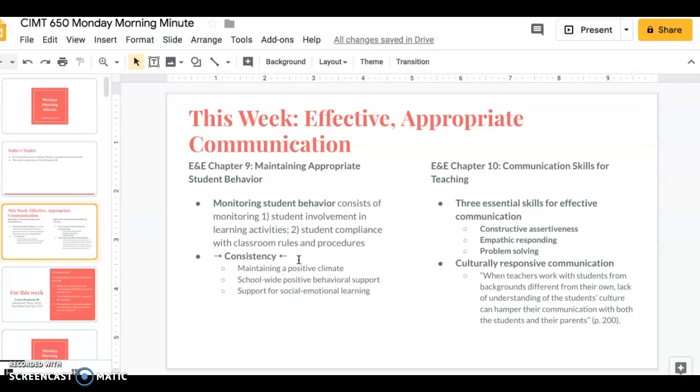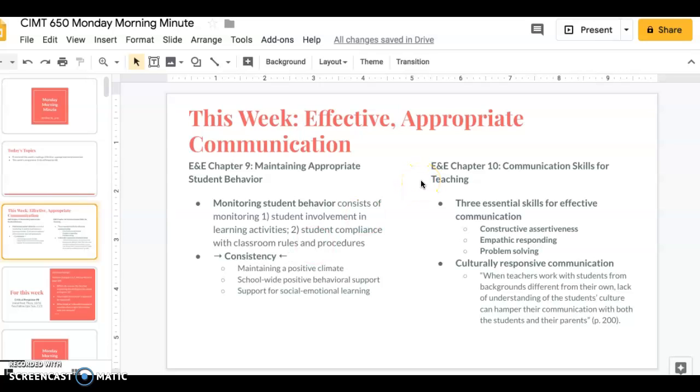Are they used unilaterally and equitably across a school site? Finally, we can think about consistency as we zoom even further out and think about support for social emotional learning K through 12, K through 16 even, right? These are things to think about. I'm sure some of us have experiences of examples where consistency has been achieved and its positive effects, and also maybe examples where we haven't been consistent and some negative consequences arise.